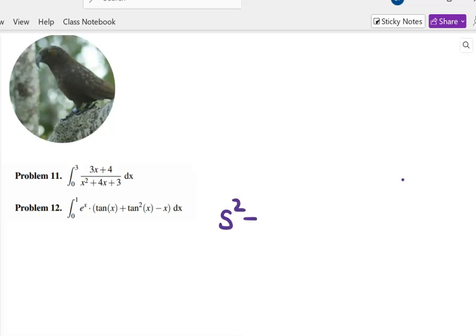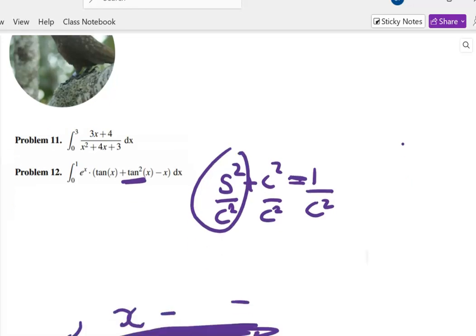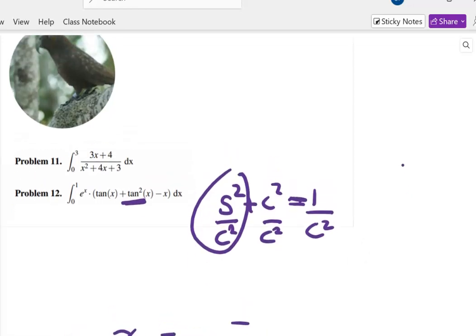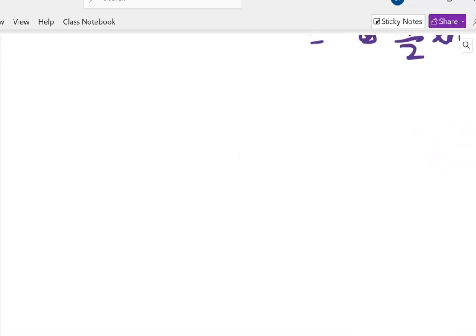Okay, so sine squared plus cos squared is equal to 1 is my starting point. If I'm working with a tan squared, I'll divide everything through by cosine squared, and that generates me a tan squared of x here. Okay, so this is where we want to end up.